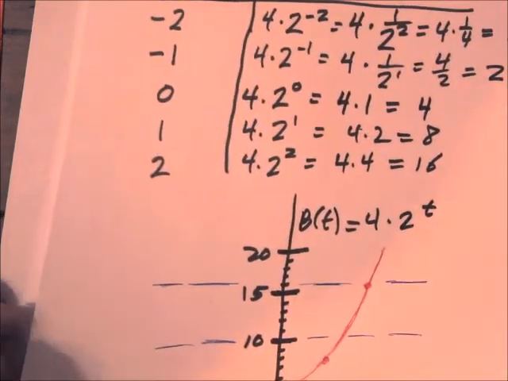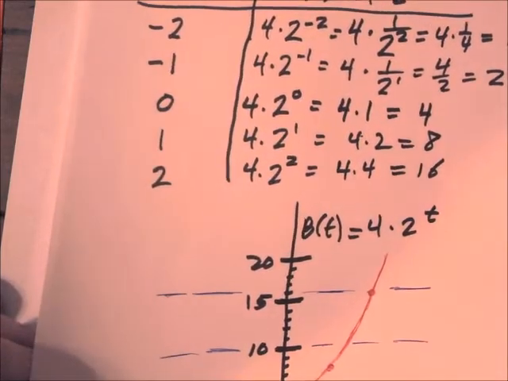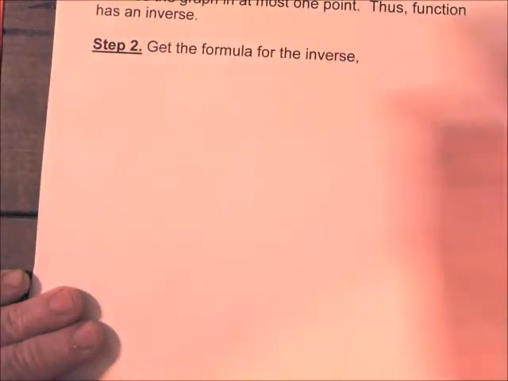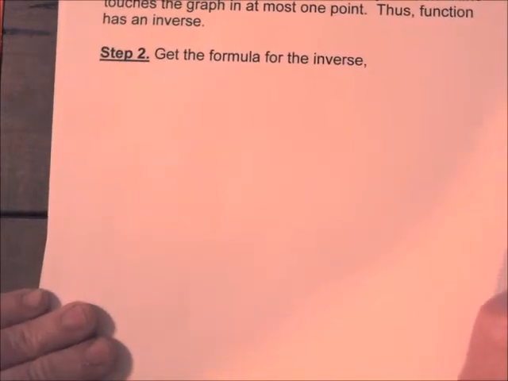And so in part B, we want to actually find the inverse. We've already done the first step. It passes the horizontal line test, so there is an inverse.